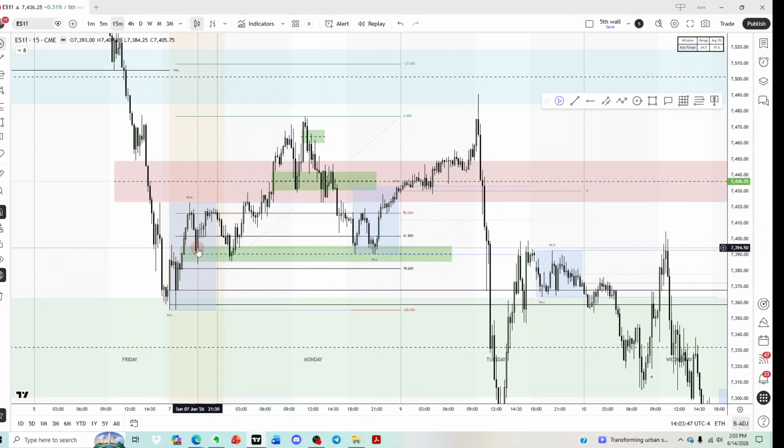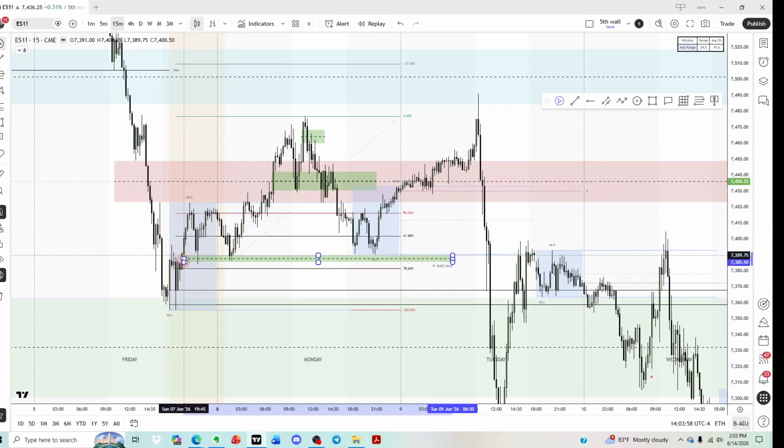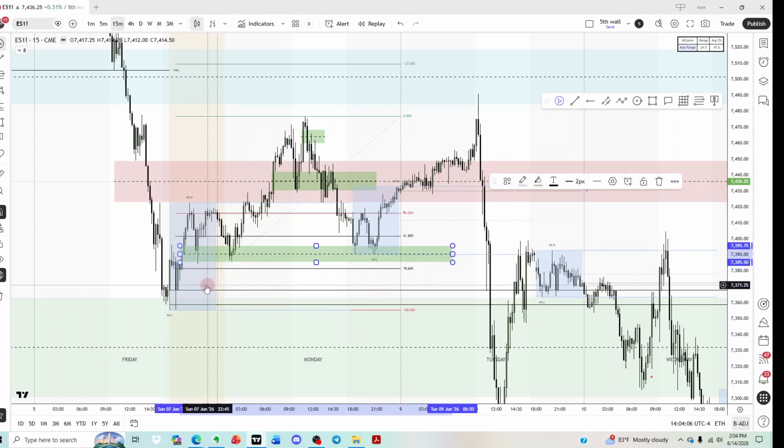So I'll delete that. And yes, I did group two fair value gaps together, because clearly you can fine tune it and just use that. But you can see price never came back all the way back down. In which case, why am I using both is because of this bearish fair value gap here.